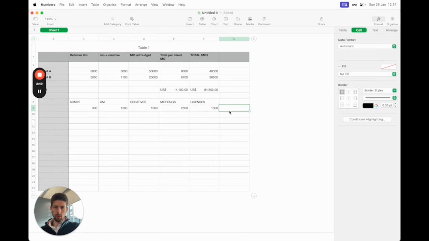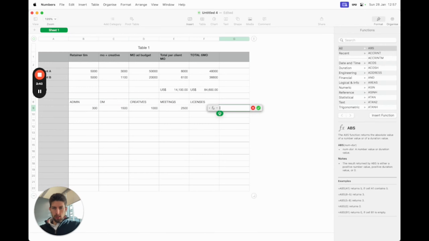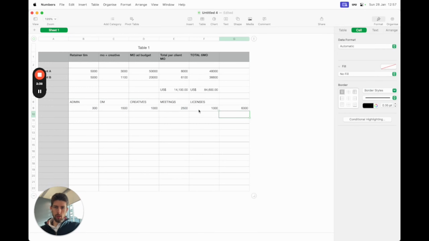Pretty standard. And now let's do the total here, right? We should do that in a different sheet, but just in terms of speed, let's do it like that. So we're at 6,300, right? That is per client.